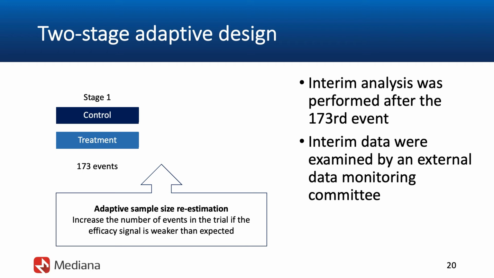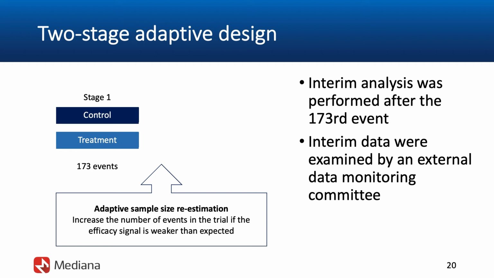Specifically, this particular slide shows the data available to the sponsor, or technically to the external independent data monitoring committee, at the end of the first stage. We can see here that the data monitoring committee reviewed the data from the control patients as well as the patients allocated to receive the experimental treatment at the time of the interim analysis that was performed after the 173rd event, or the death, because the primary efficacy endpoint was overall survival.